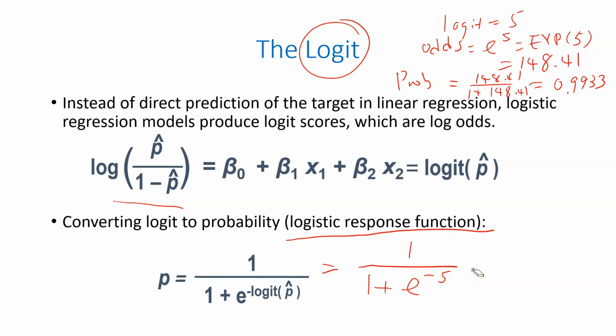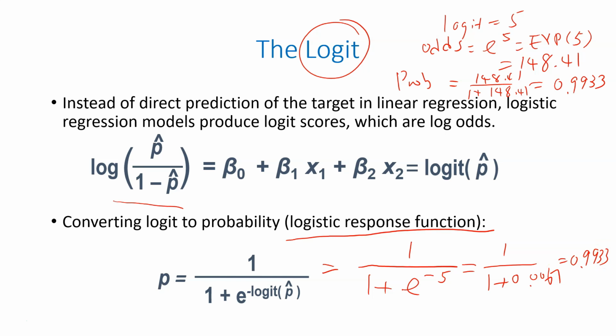If you do the calculation, this is 1 divided by 1 plus 0.0067, and that will give you exactly 0.9933 as well for probability.